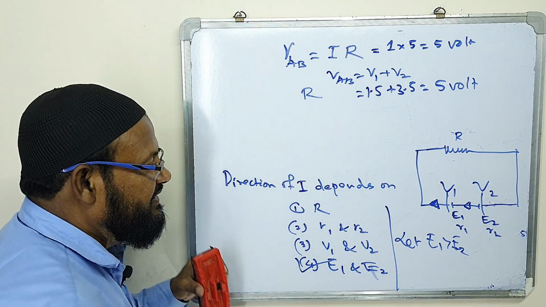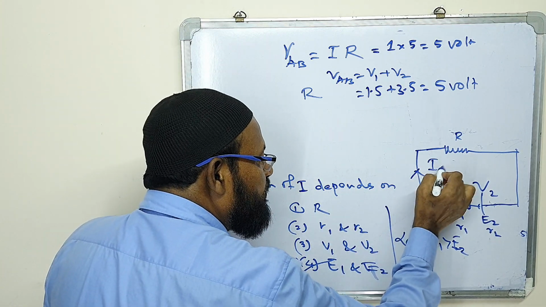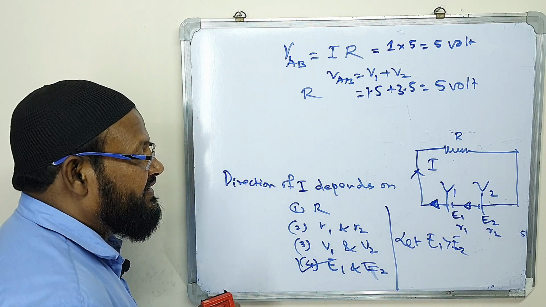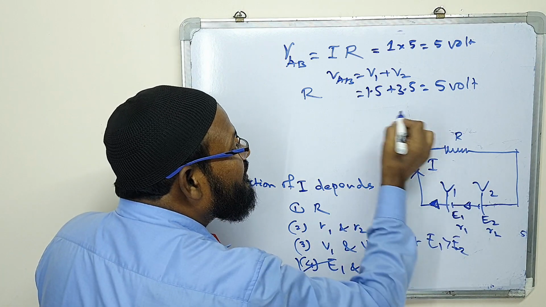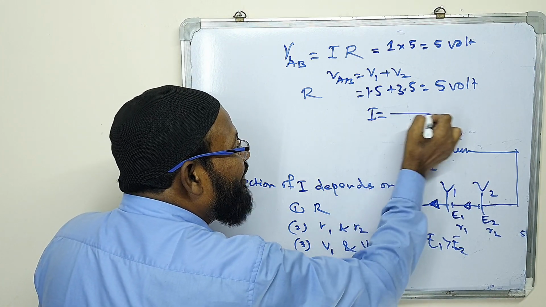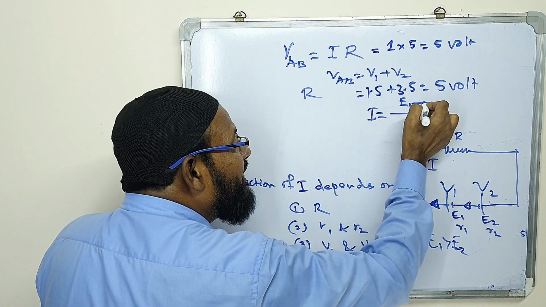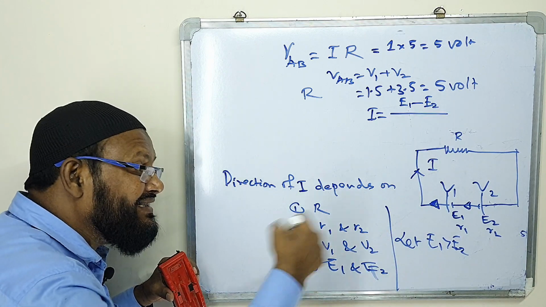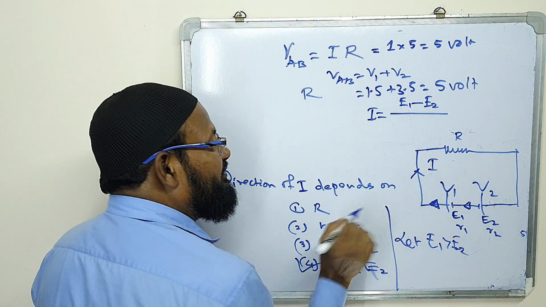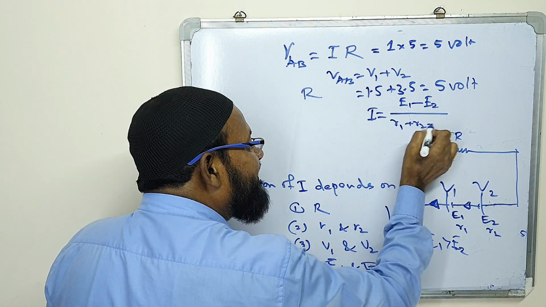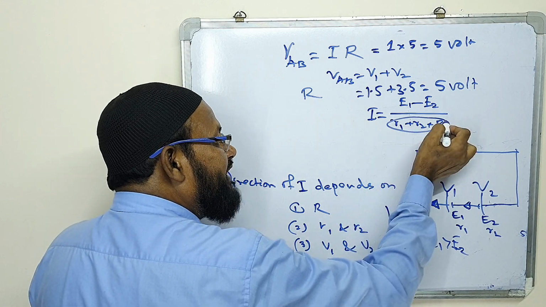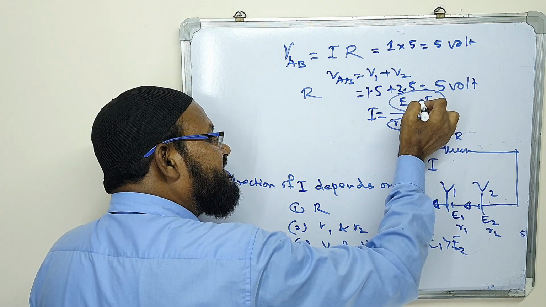In this case, what is the formula? What is the rule? Since in this case two cells are opposing each other, here what is the formula of I? Here the formula of I is bigger EMF minus smaller EMF, but all the resistances will be added. This is one rule. Here they will be added, but here will be the difference.